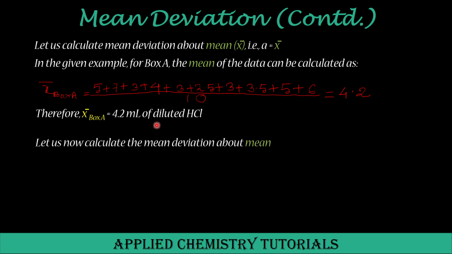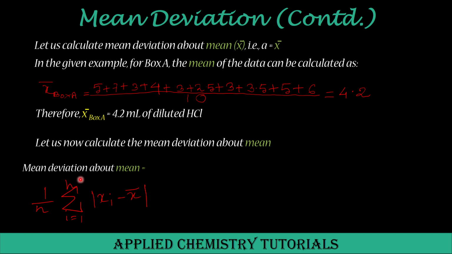Let us now calculate the mean deviation about mean. Mean deviation about mean can be given as 1 over n summation of i equals 1 to n modulus of xi minus x bar.